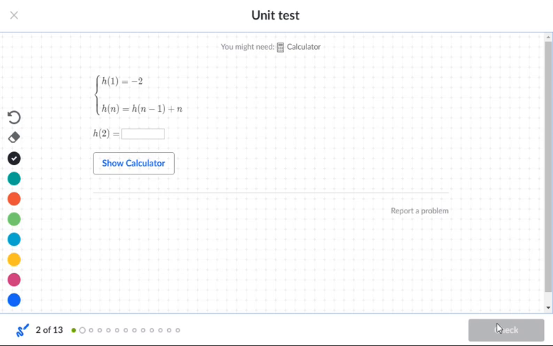Okay, right here we have h of 1, and we want to find h of 2. Now notice when you scan the formula, it's got a bunch of n's, especially at the end. So that tells me that we have to plug into this formula. So we're going to say h of n is equal to h of n minus 1 plus n.